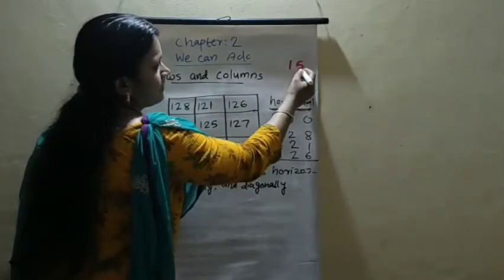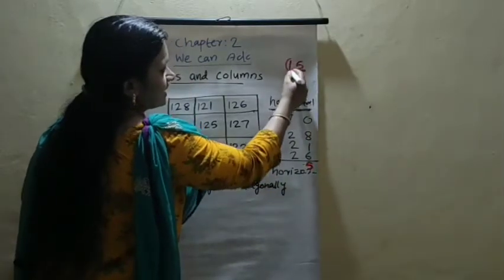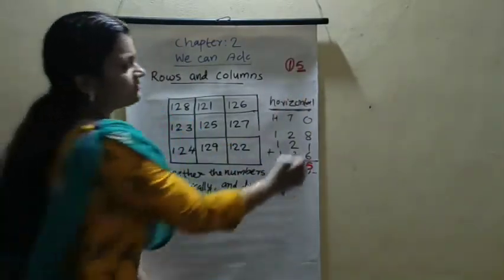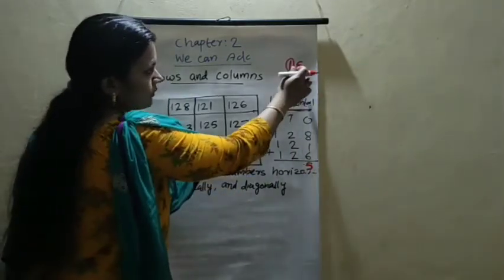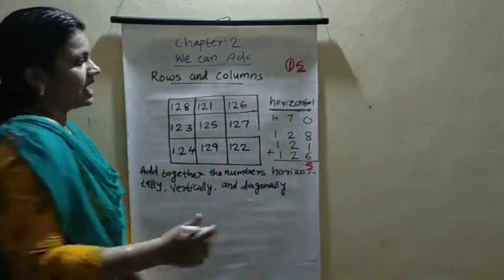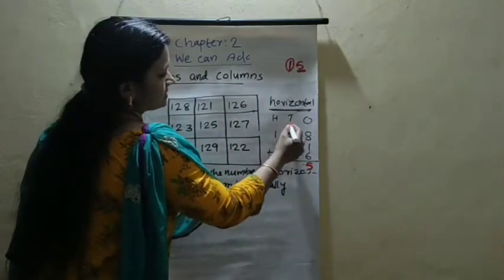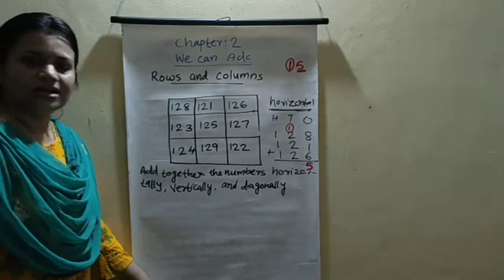This is a 2-digit number. So this 5 is written down. 1 is the carryover. This is the ones place. Adding the ones place we got 15. So we can write 5 right here. 1 is the carryover. You are writing it in the tens place. Understood all?